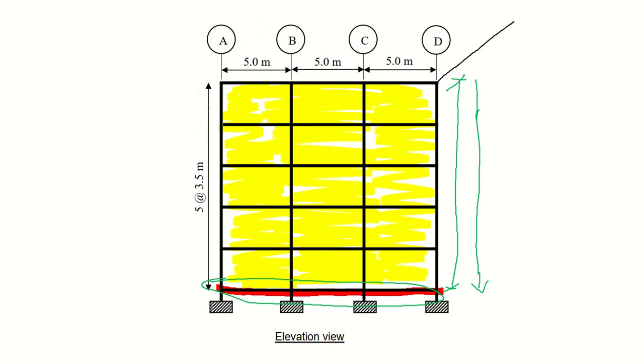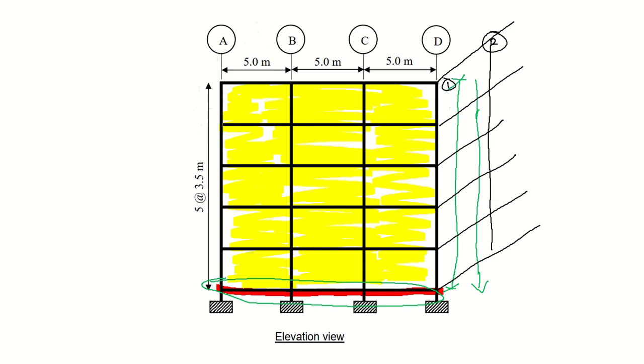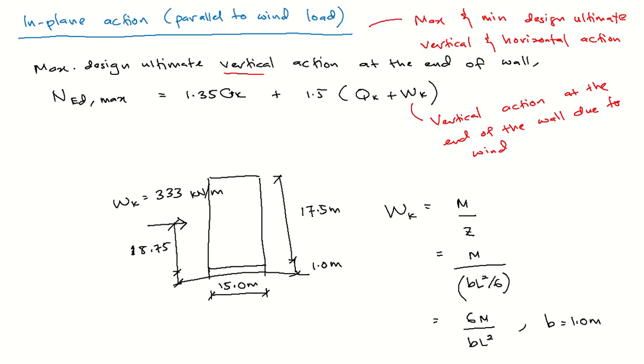We have the 36 meter, but you have another grid line. This is grid line 1 and this is grid line 2. From grid line 1 to grid line 2 is 6 meter. So this is the L of the slab, 6 meter.